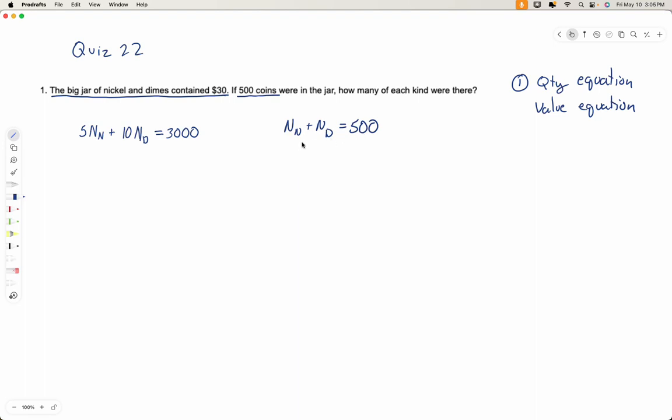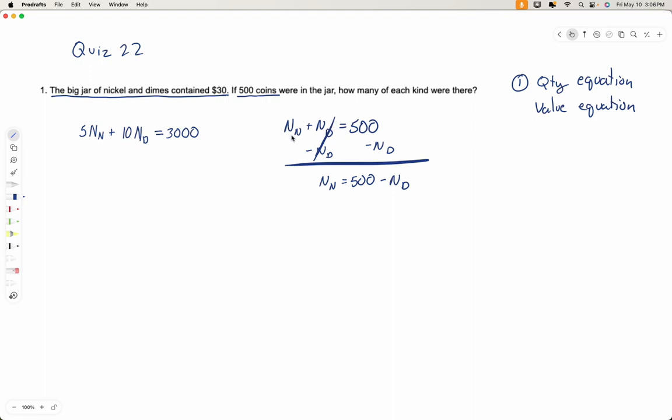In order to do substitution, I'm going to take away the number of dimes from both sides. So my substitution value for the number of nickels is 500 minus the number of dimes, which stands to reason: if both of them added together is 500, then 500 minus one of them gives you the other one.